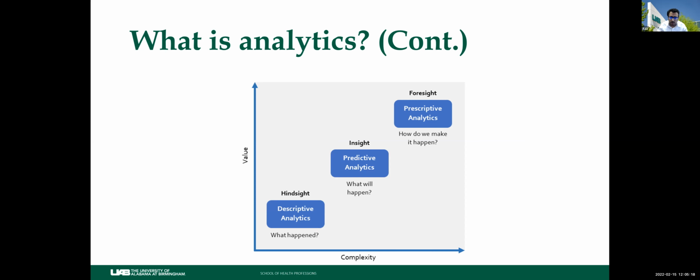And the highest level is called prescriptive analytics, which is the core of today's topic. Prescriptive analytics uses the input from predictive analytics, and then we need to optimize the system and make decisions based on the predictions.